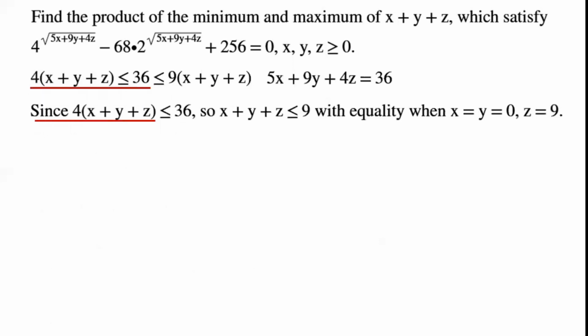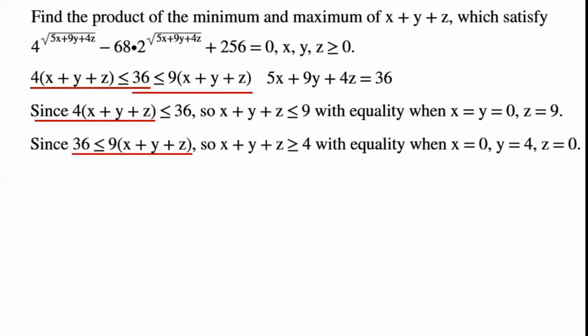Since 4 times (x plus y plus z) is less than or equal to 36, x plus y plus z is less than or equal to 9, with equality when x equals y equals 0, z equals 9.